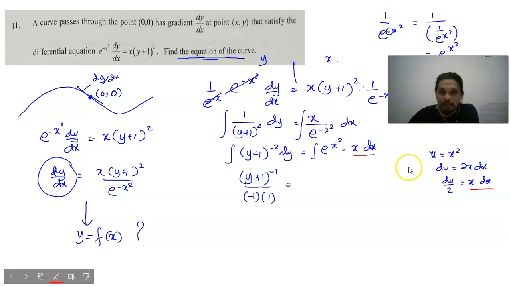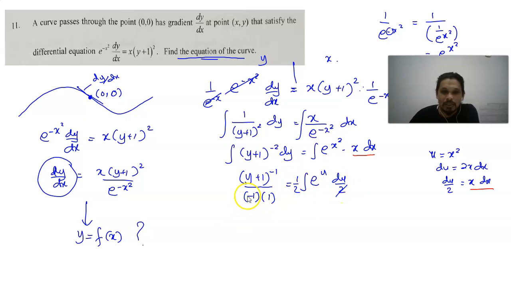Okay, x dx and x dx, am I right? So then the integral of e to the power of u, where u equals x squared, e to the power of u and x dx equals du over 2. Over 2, it is 1 over 2, so take it outside.